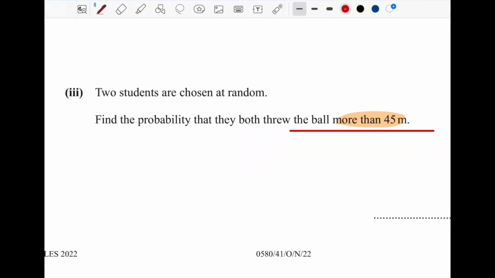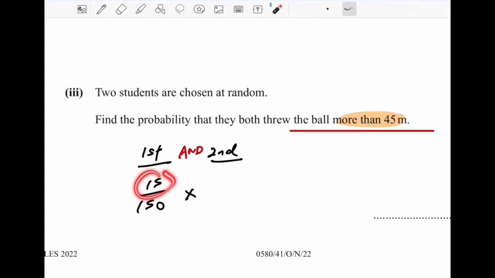So for 2 students, the probability for the first student is 15 over 150. It's multiplying, and the probability of the second student: because 15 is the total of students who have thrown more than 45 meters, we minus 1 because one person has been chosen as the first student.